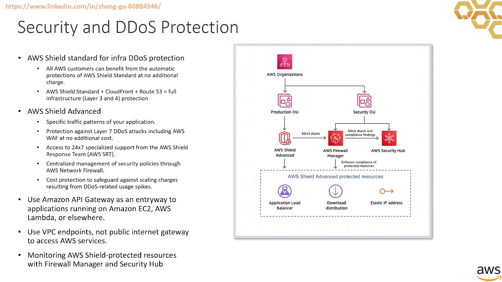AWS Security Hub gives you a comprehensive view of your high-priority security alerts and the compliance status across your AWS accounts, and you have a single place that aggregates, organizes, and prioritizes your security alerts or findings from multiple AWS services.